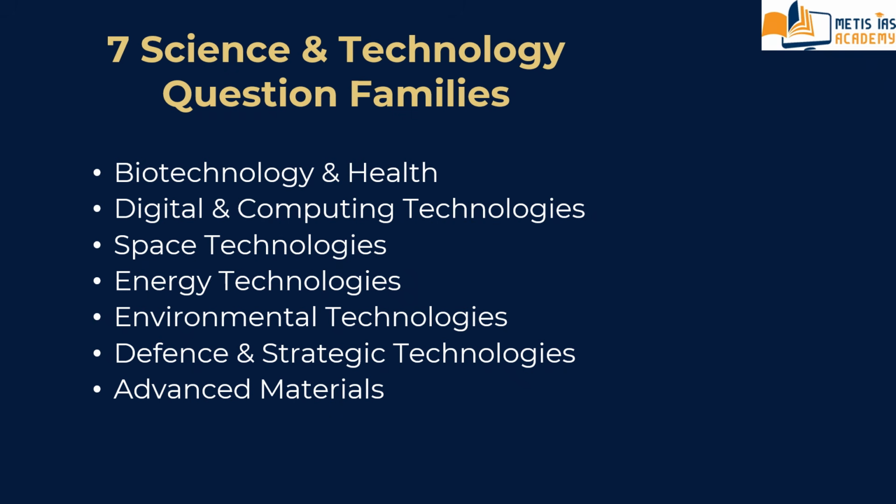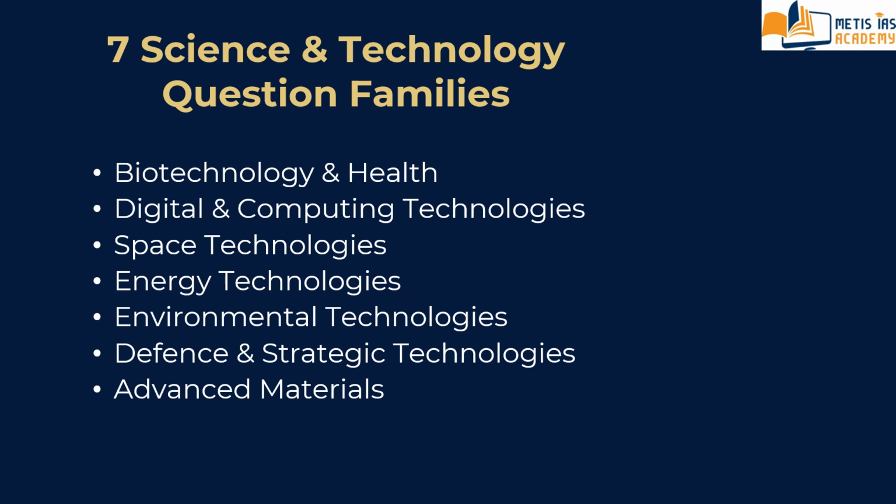Most questions are not isolated. They actually belong to a few recurring question families. In fact, if we organize the PYQs properly, almost every science and technology question falls into seven major families. What are they? Understanding these families is far more useful than memorizing hundreds of technologies.